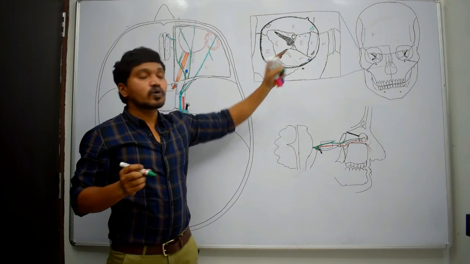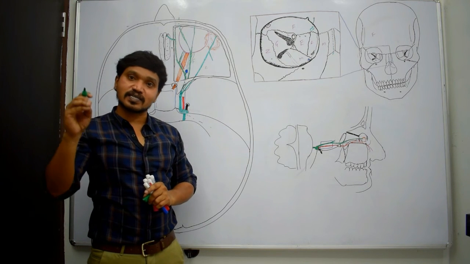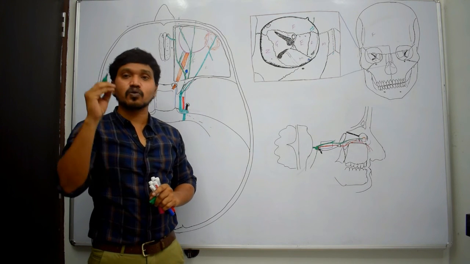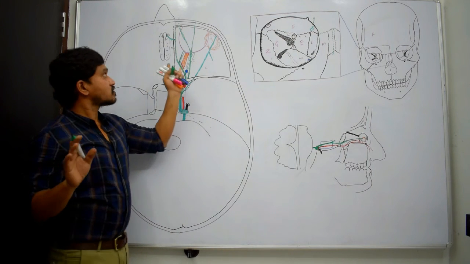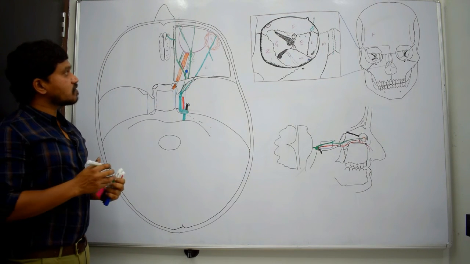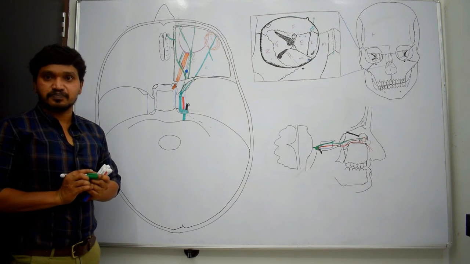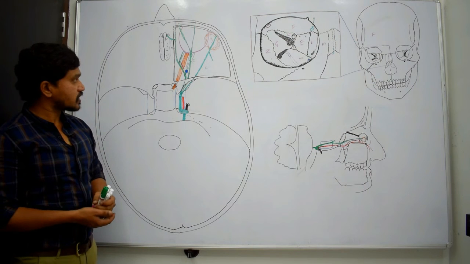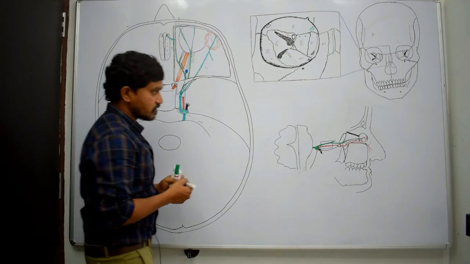When it reaches the lower border of the nasal bone, it emerges as the external nasal nerve to supply the lower part of the nose. So this is the ophthalmic division of the trigeminal nerve. I hope you understood. Now we will see some other nerves present in the orbit, but I will tell you very briefly.